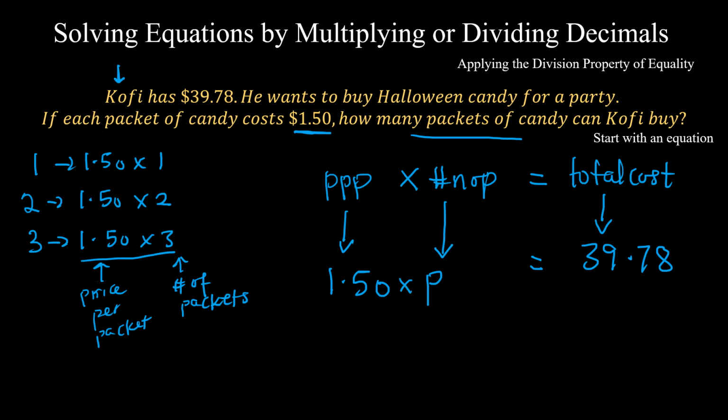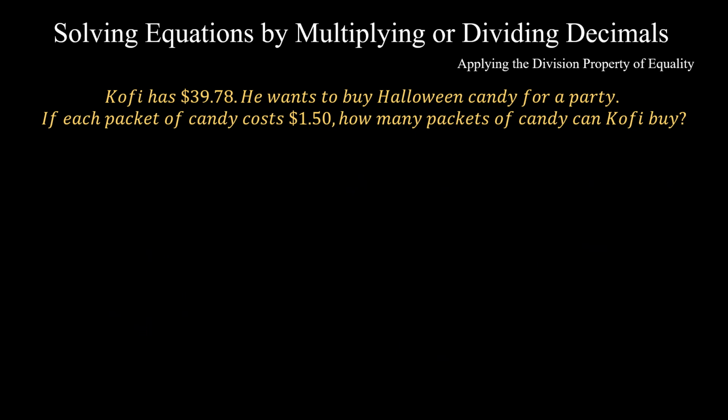So we have $1.50 times P, and I'll use a dot for the times. $1.50 times P is 39.78. So I can rewrite this as 1.5P is equal to 39.78. And then let's see how we can solve this.